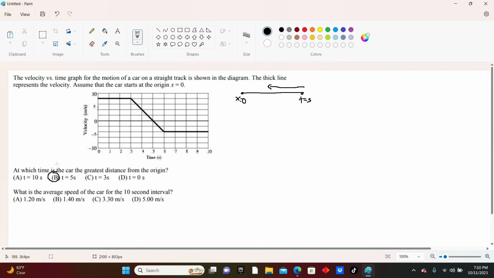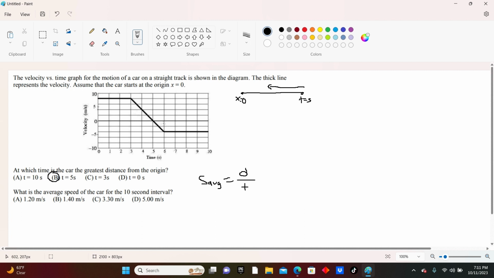Now let's look at the second part. It says, what is the average speed of the car for the 10-second interval? In order to do this question, we have to refer back to the equation for average speed. Average speed is equal to the total distance over time. If you recall, distance is a scalar value, so there's no direction involved.